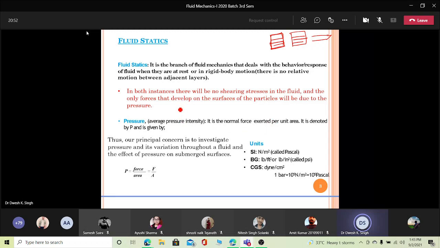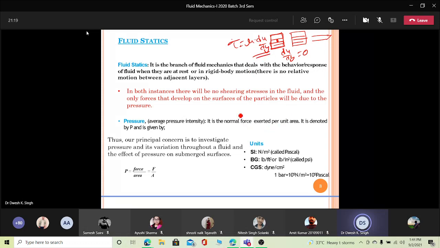So in both instances, there will be no shearing stress because there is no motion. If there is no relative motion between the two layers, the velocity gradient, which we have already discussed, will be zero. And according to Newton's law, you will find that the shear stress will be zero.